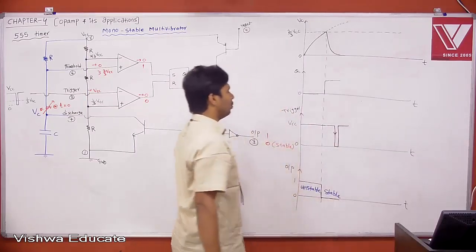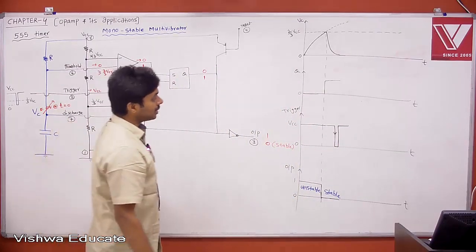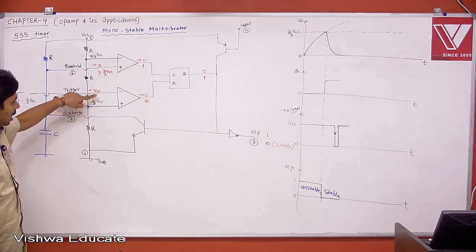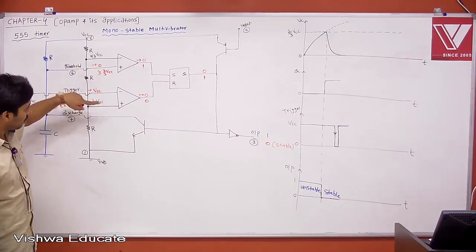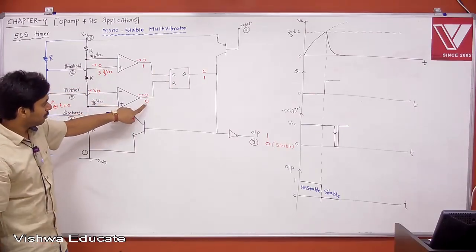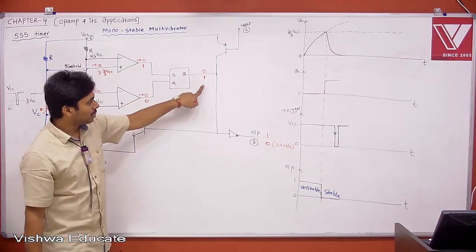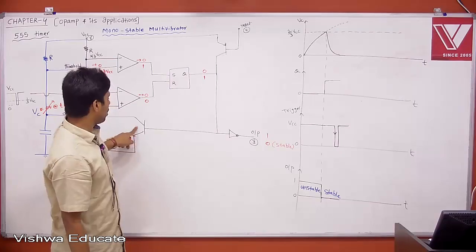Once I apply the trigger, what will happen? Immediately, momentarily, this will become 0, or less than 1/3 VCC. When it is less than 1/3 VCC, then plus is more momentarily, then this will be 1. When this is 1, reset will be 1. When reset is 1, your output will be 0. When output is 0, your transistor is off. When the transistor is off, your capacitor will be charging.